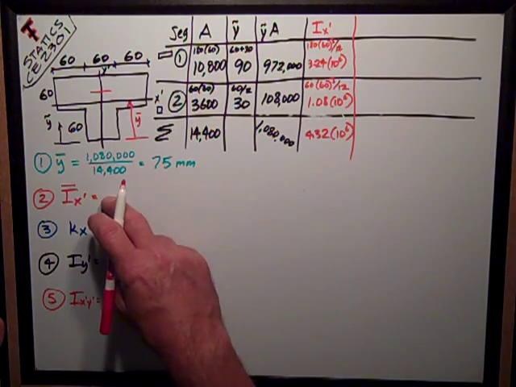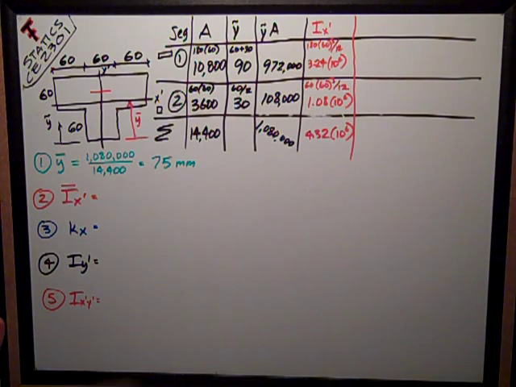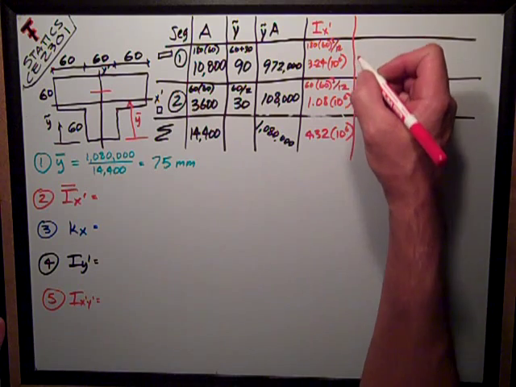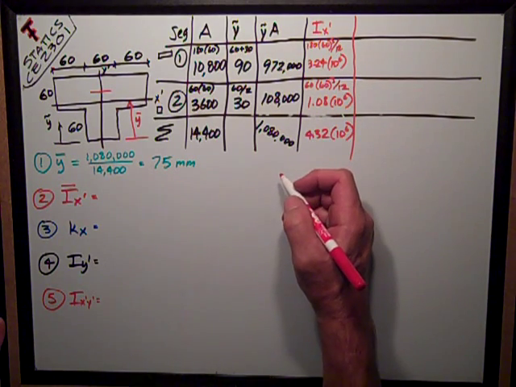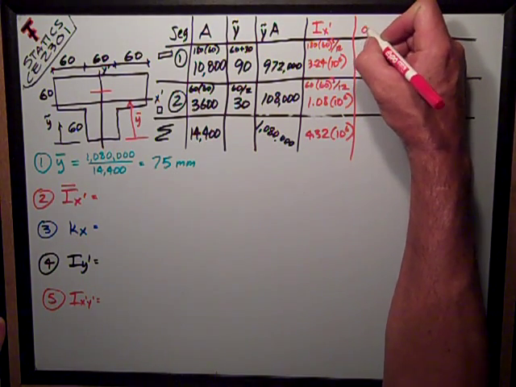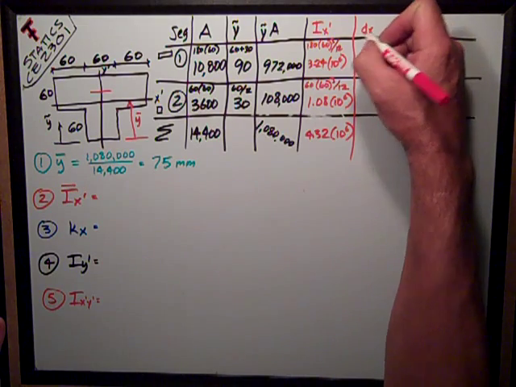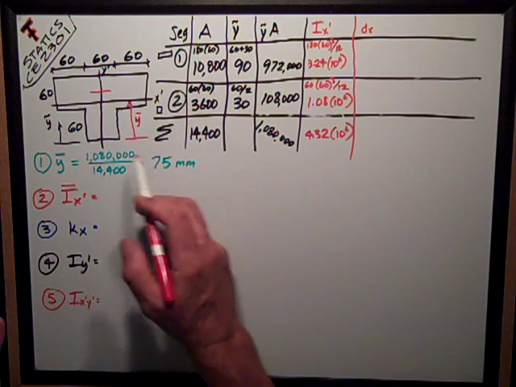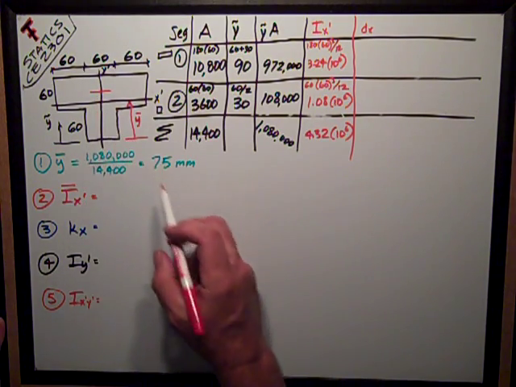I'm using the parallel axis theorem for all these problems, and the next component that I need is the A d, in this case d y squared term. So what I need now is the dy distance, the distance from the centroid of the overall piece to the centroid of the segment.